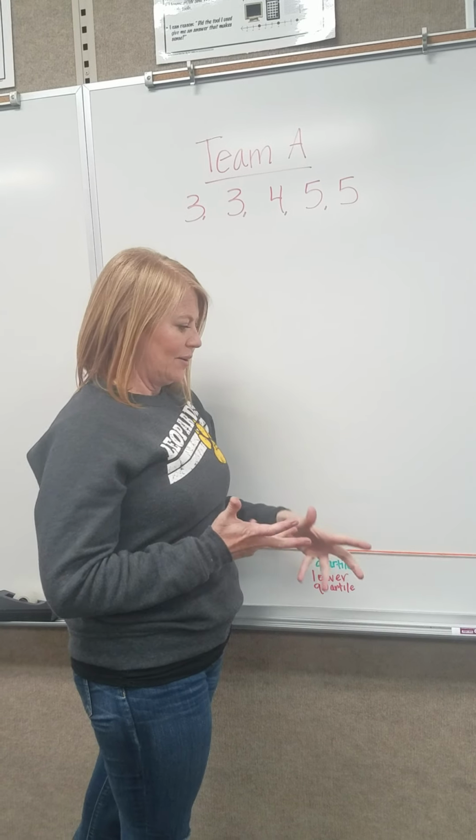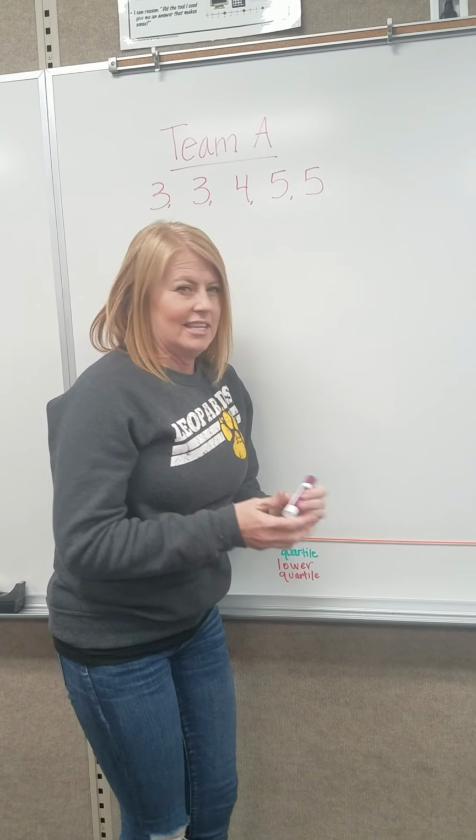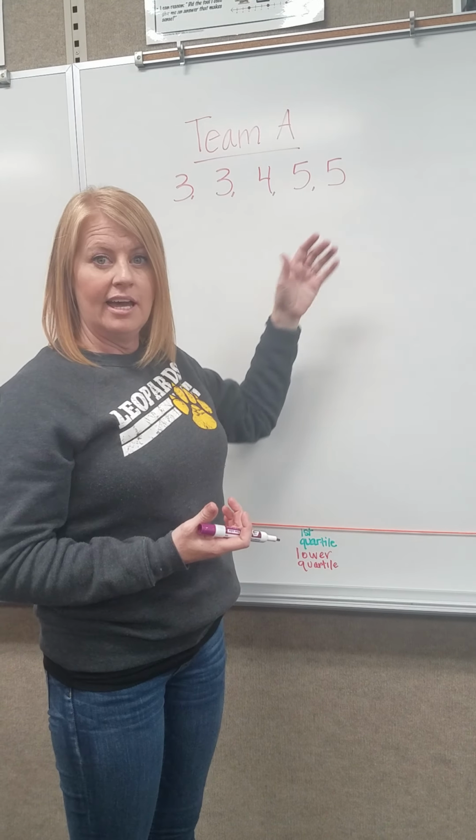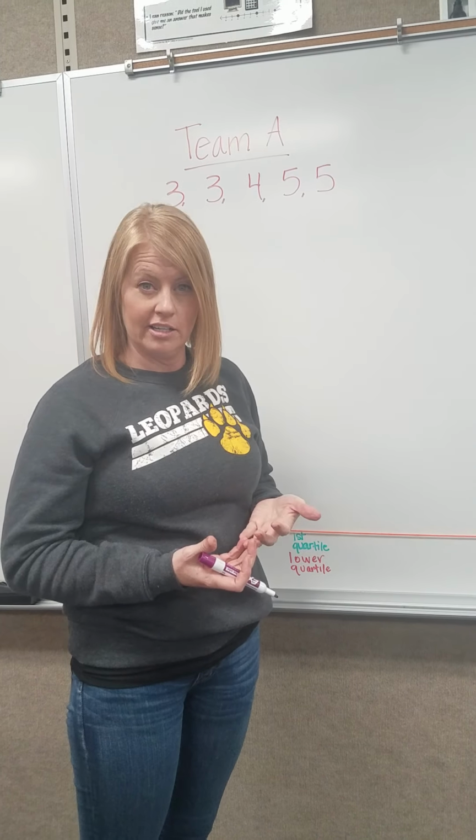One of the interesting things about this, boys and girls, is one way that we've talked about giving information about a data set is we can use the mean, the fair amount. We find the mean by adding all of our numbers together and then dividing by how many there are.